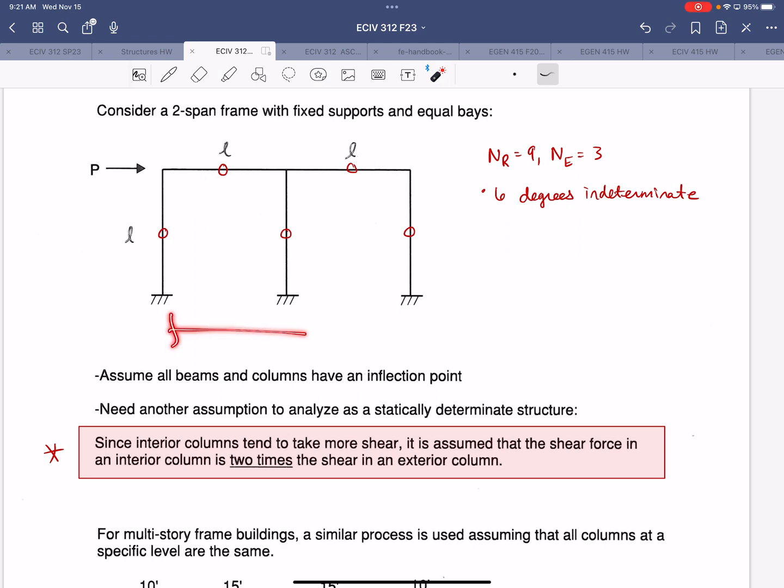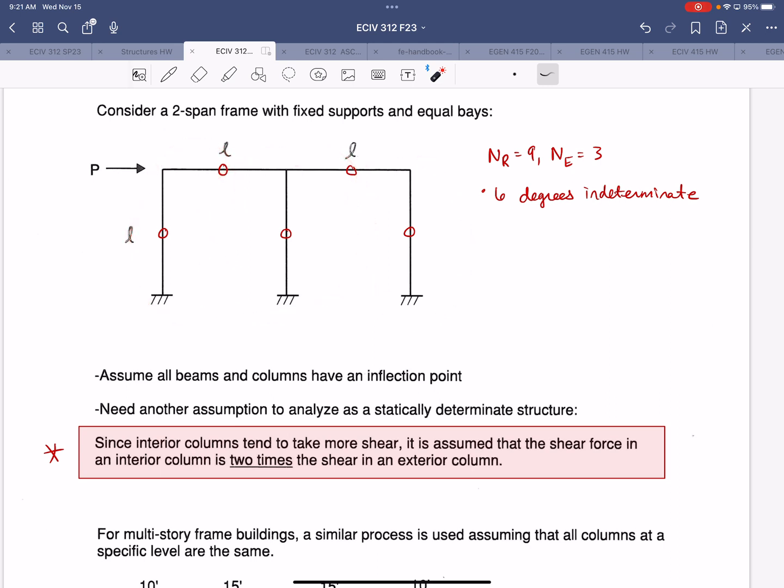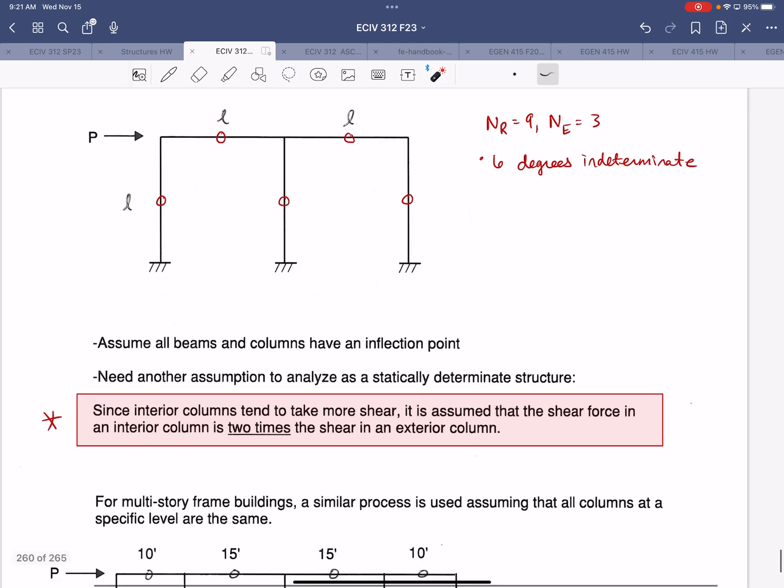If you have equal bays, you can see just by thinking through tributary area, for example, that this column has twice as much tributary area as these columns. So that's a reasonable assumption to make.